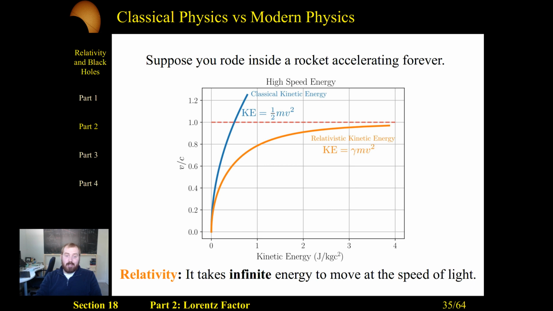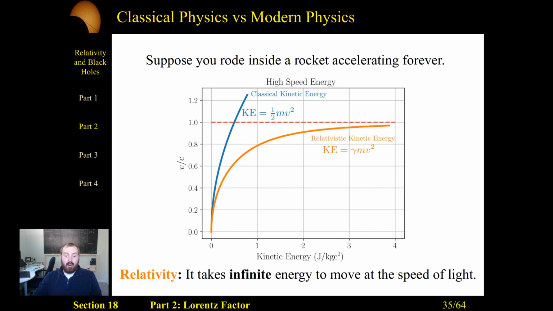Now, this is a strange world we live in. That asymptote's back, right? We cannot surpass the speed of light. Cannot. The more and more energy we pump into our rocket ship, eventually it starts to taper off. We can keep pumping more and more energy. That's what this plot says, right? The further we go in this direction, the more and more energy that we are pumping in to get that rocket going faster and faster.